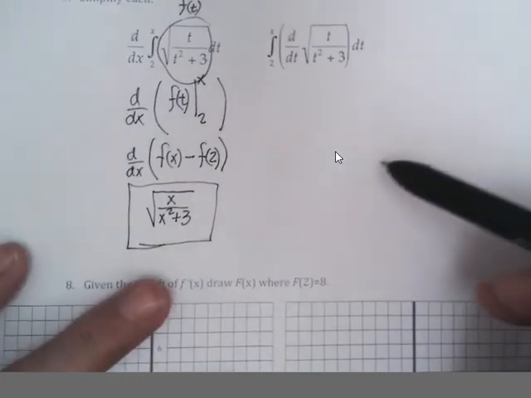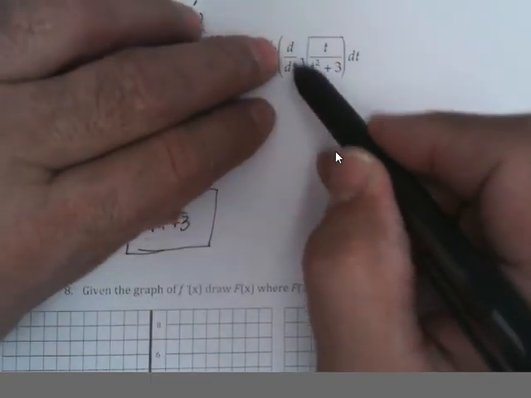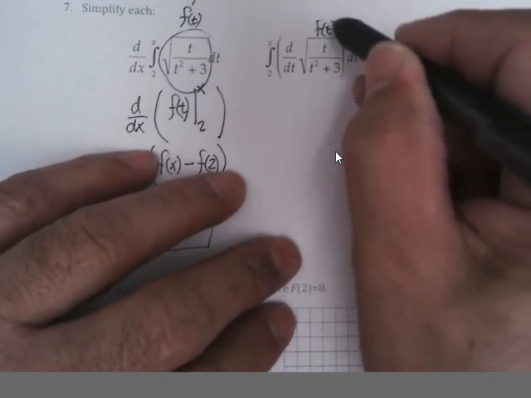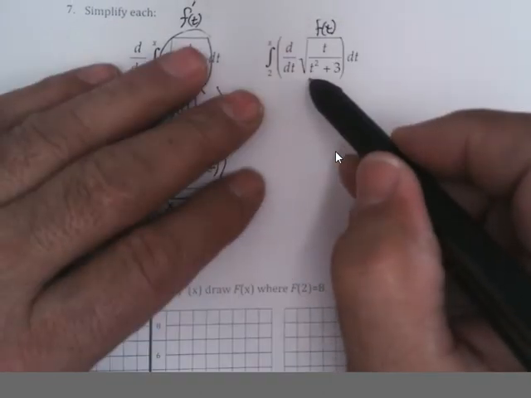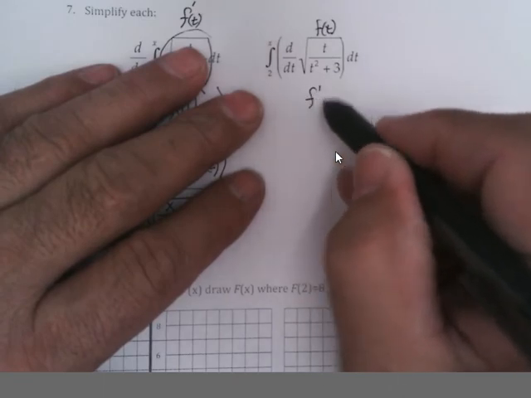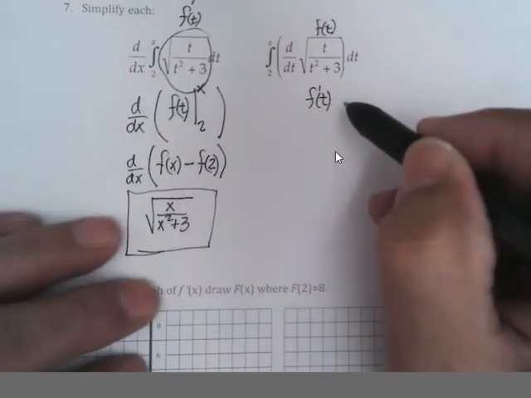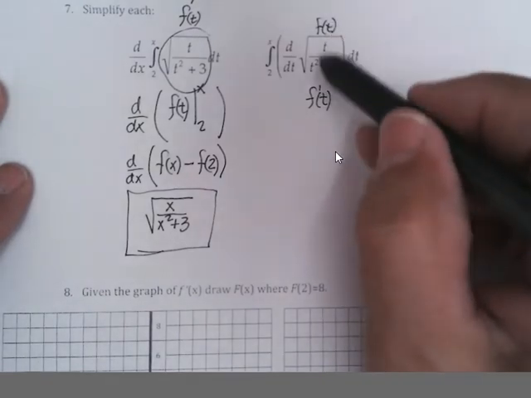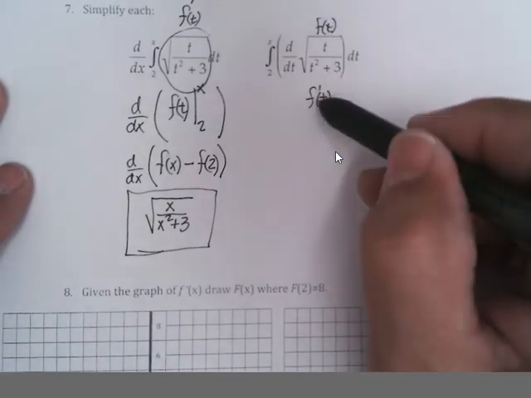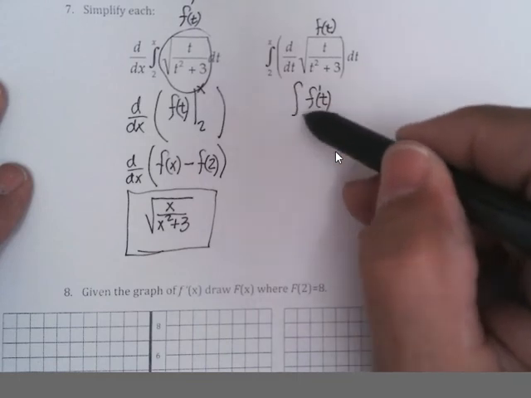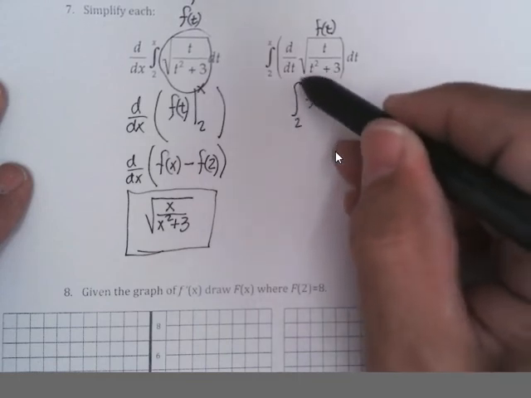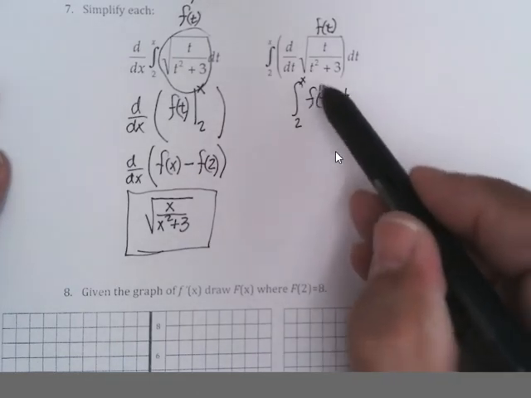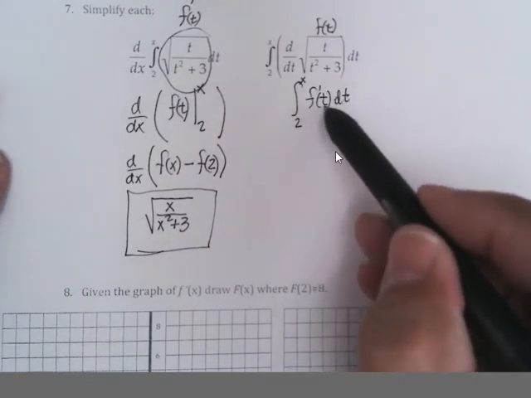Now let's do the other one. Now I've got to take the derivative first, so I'm going to call this f of t. So if I take the derivative of it, I get f prime of t. And I don't want to do the derivative, so I'm just going to write it that way. Just call this f, and then the derivative is f prime, and I have to integrate that from 2 to x dt. So now this says find the antiderivative of f prime of t.